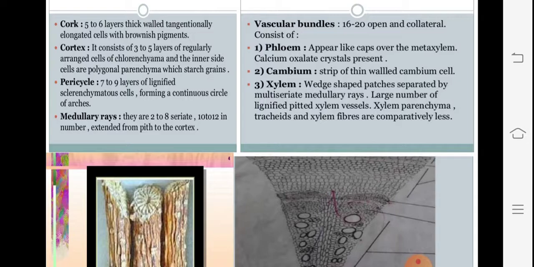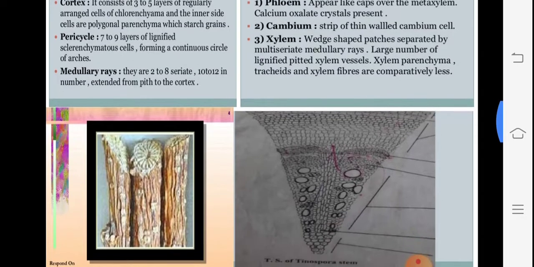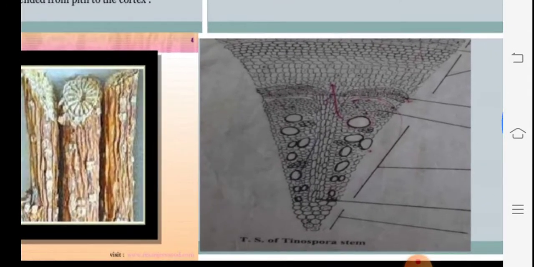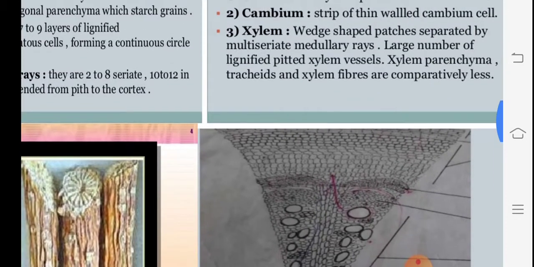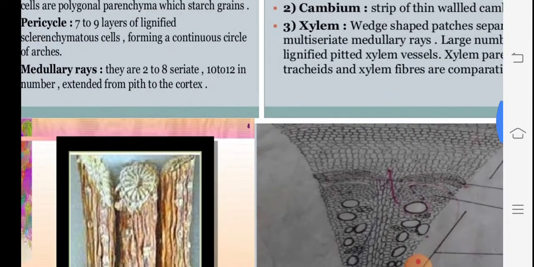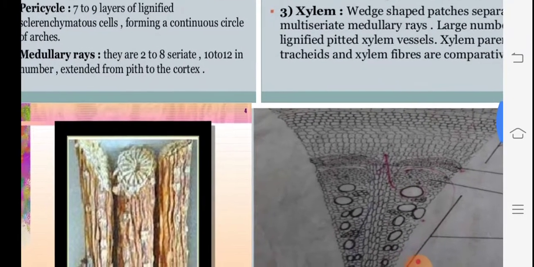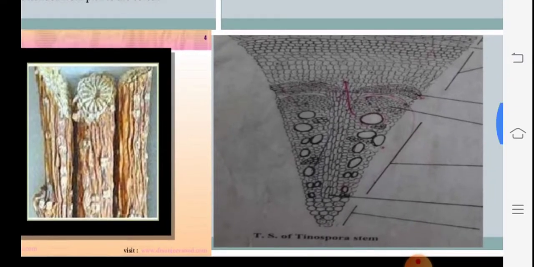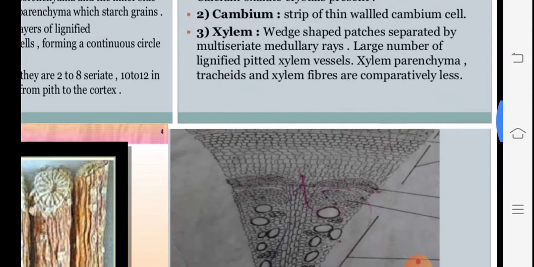Then the cortex, endodermis, followed by the pericycle. It is lignified. You are observing here the pericycle is thick walled, dark colored. Inside this there are the medullary rays, 2 to 8 seriate. Here centrally medullary rays are there in the Tinospora stem.